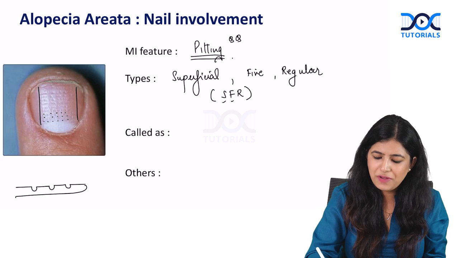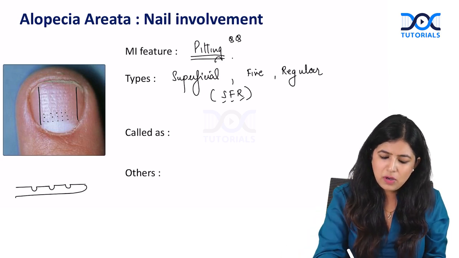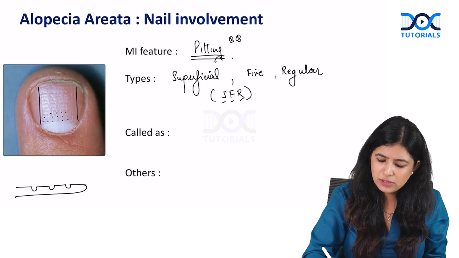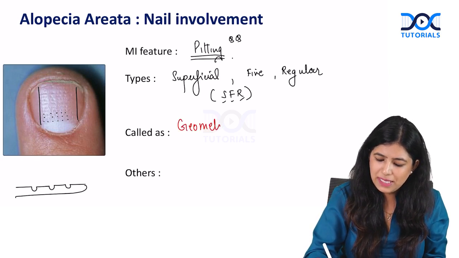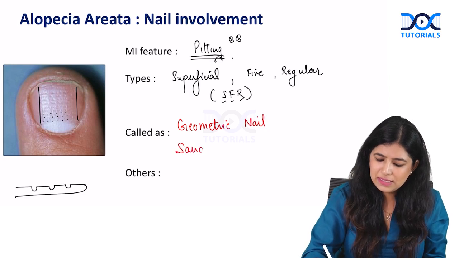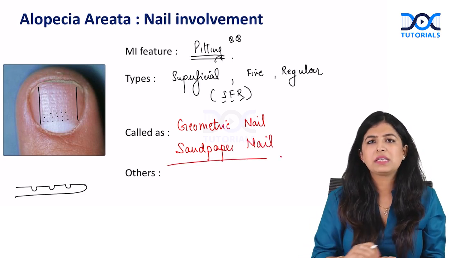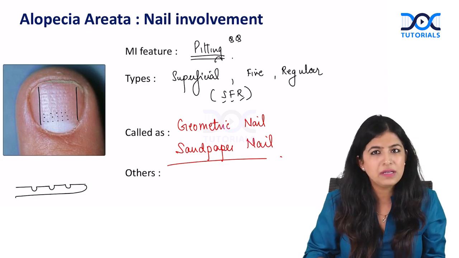So superficial, fine, regular pitting you see in alopecia areata. Because of this regular pitting, it is also called geometric pitting, a geometric nail, and also called sandpaper nail. Because the nail surface becomes so rough because of this pitting, it is also called sandpaper nail.